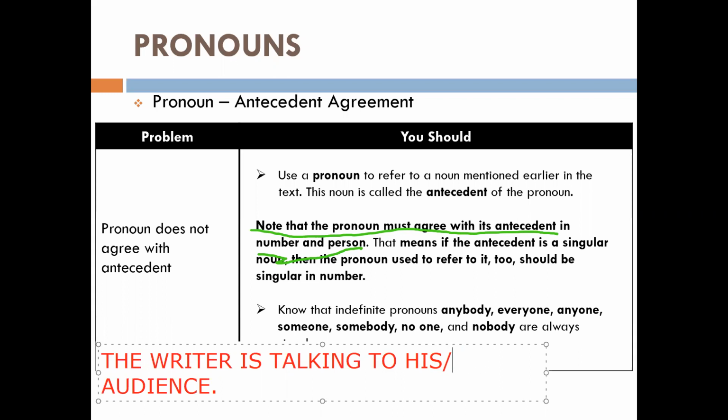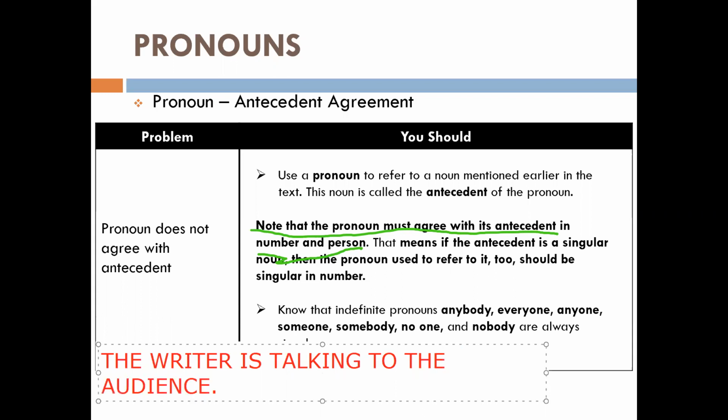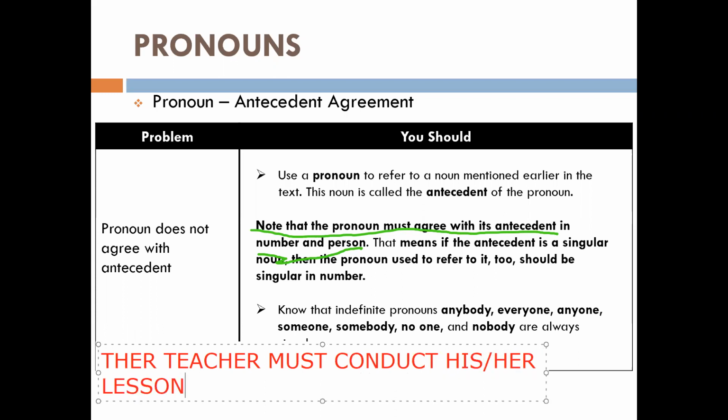But this is no longer necessary. Sometimes, pwede mo nang alisin yung his or her if you're not so sure. But there are occasions tulad ng the teacher must conduct his/her lessons.